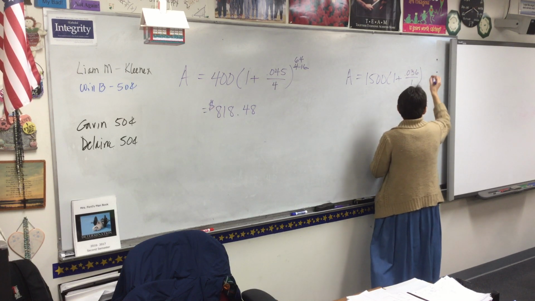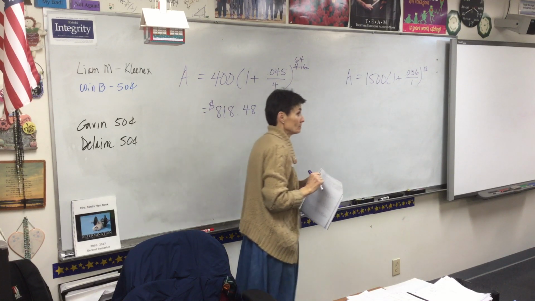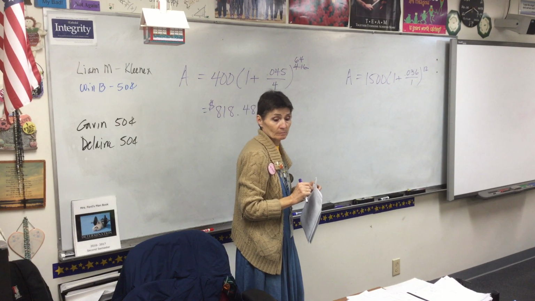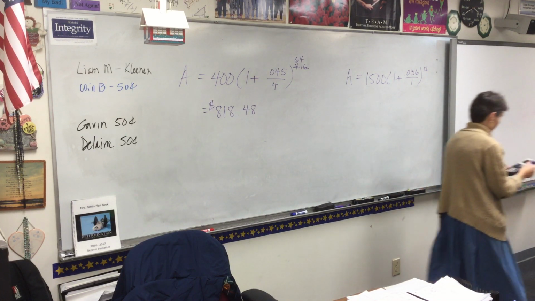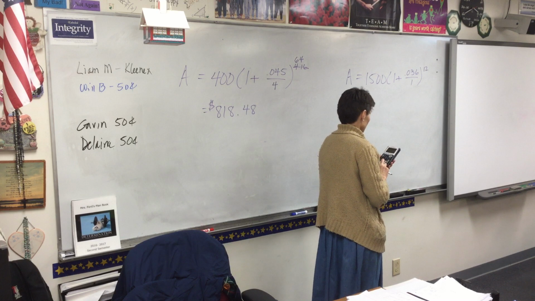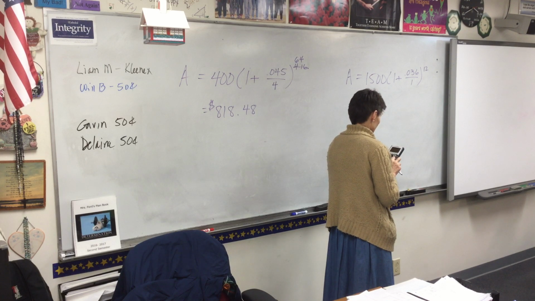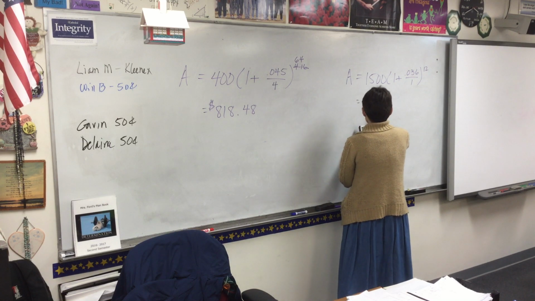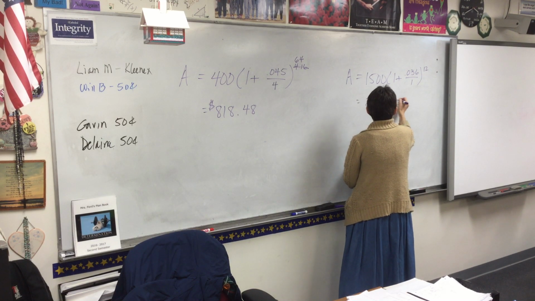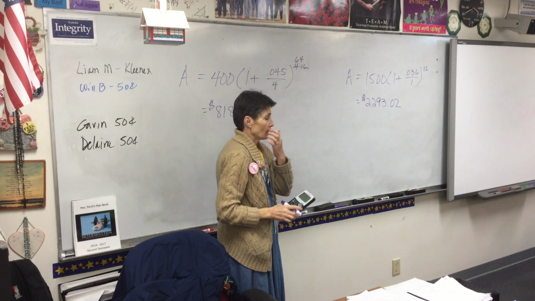And he's doing it for 12 years, so that would be 1 times 12, which is 12. $2293.02. How does that look? Correct. That look correct? Yes, ma'am.